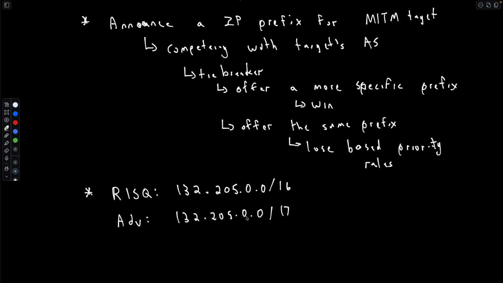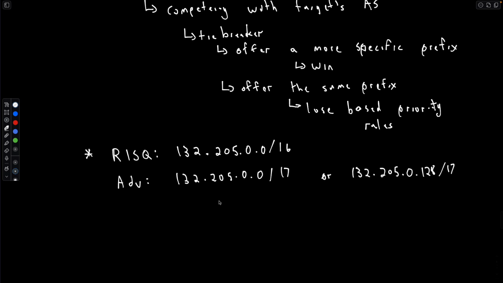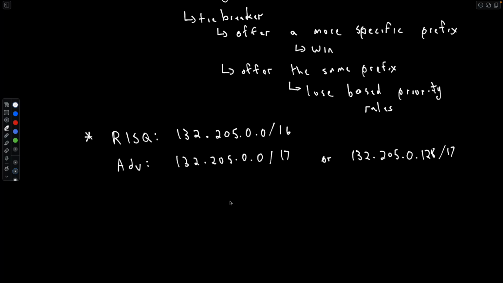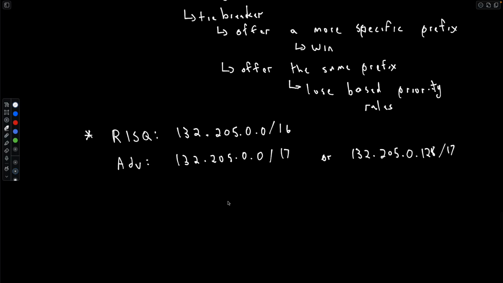So I can't attack all of Concordia at once. But if I care about IPs in the first half of this range, then I could announce that. If I want them in the second half of their range, then I could announce, for example, 132.205.128.0, which is halfway between 0 and 255. And that will give me the second half of that range.